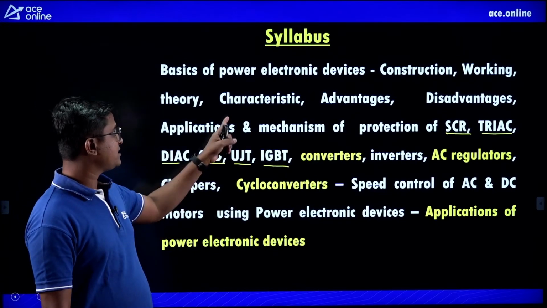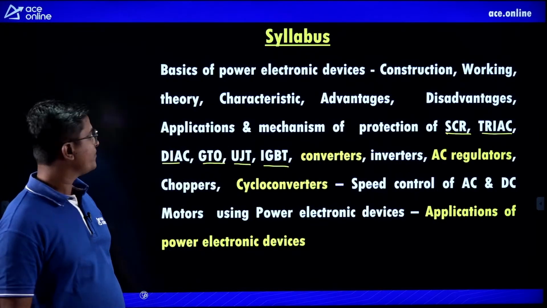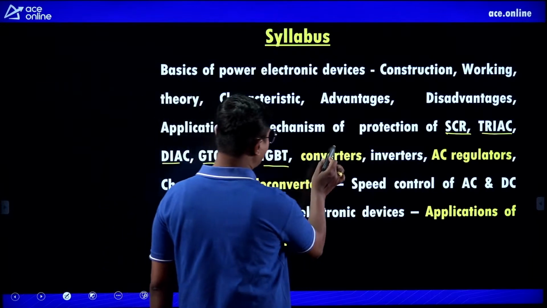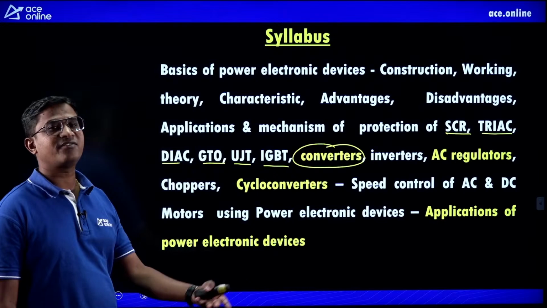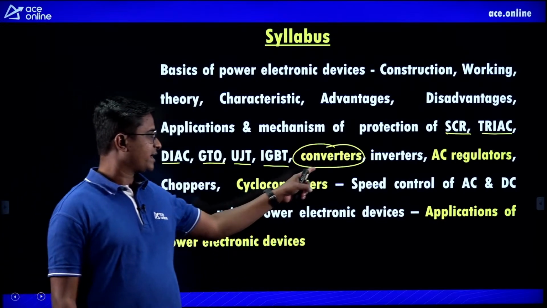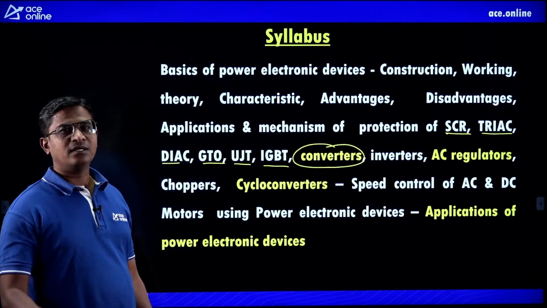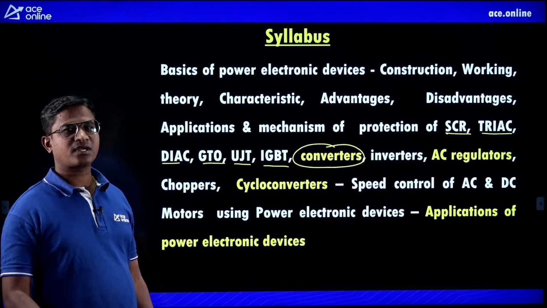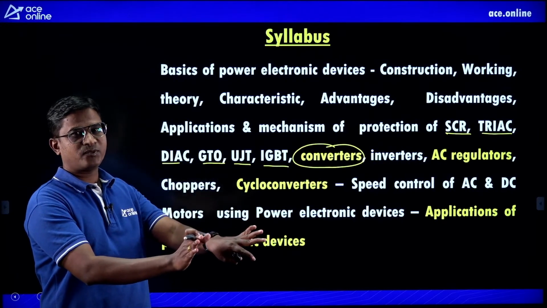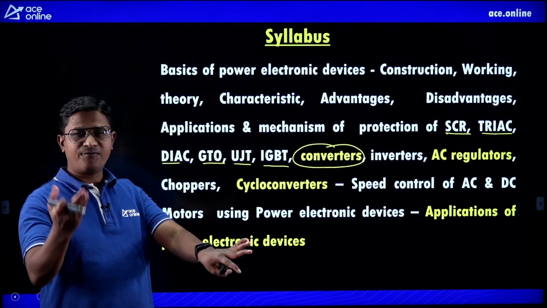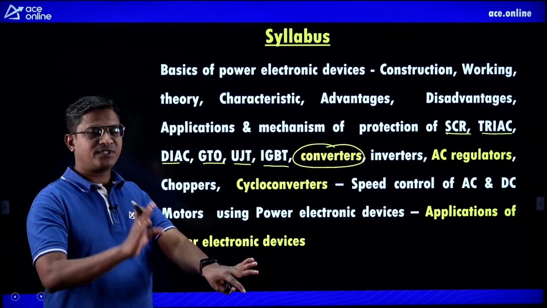This is the first chapter, the basics of power electronic devices. Next, converters. Converter means AC to DC converters, that is a rectifier. In the converter chapter we have uncontrolled rectifiers, controlled rectifiers, half wave rectifier, full wave rectifier, 3-phase half wave, 3-phase full wave, also single phase half wave and single phase full wave.